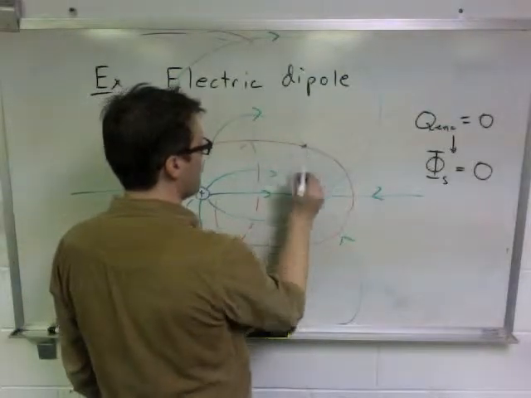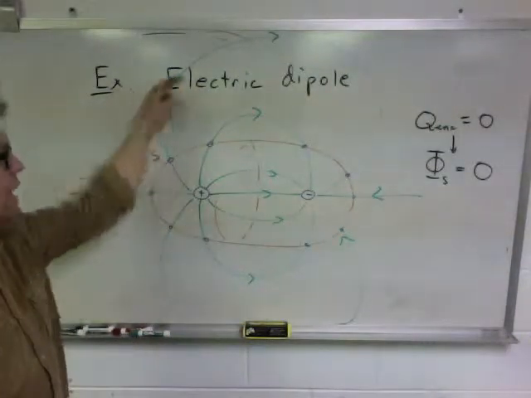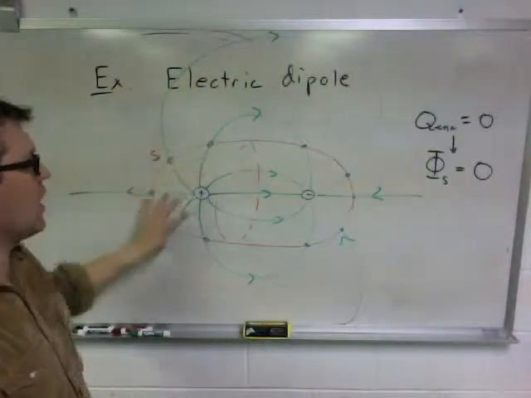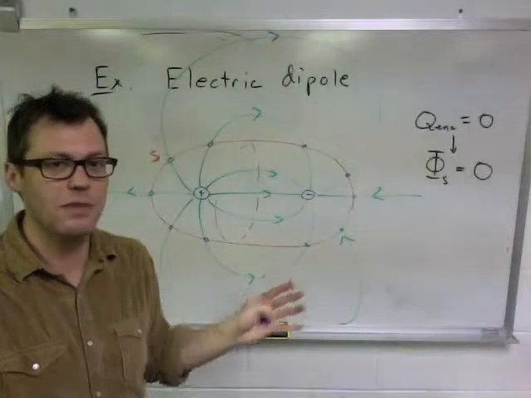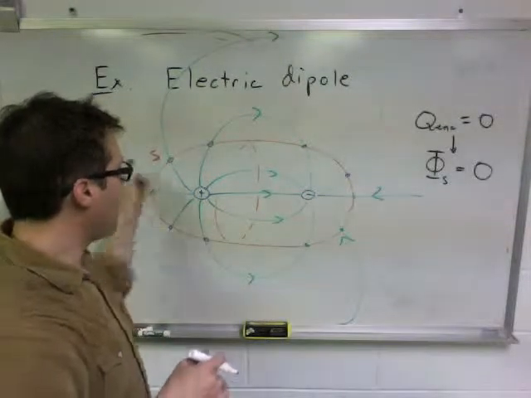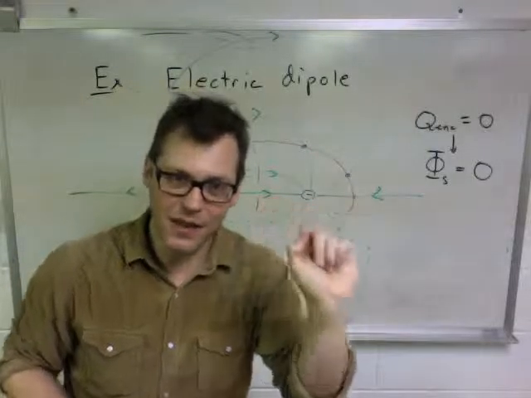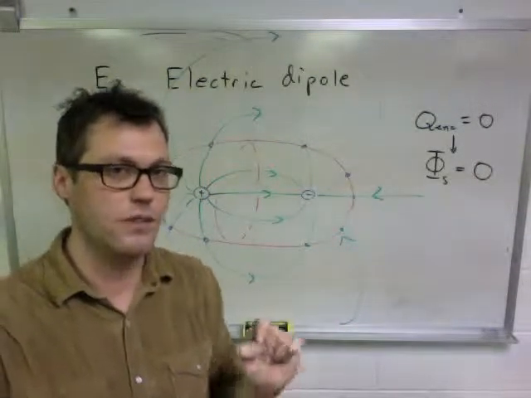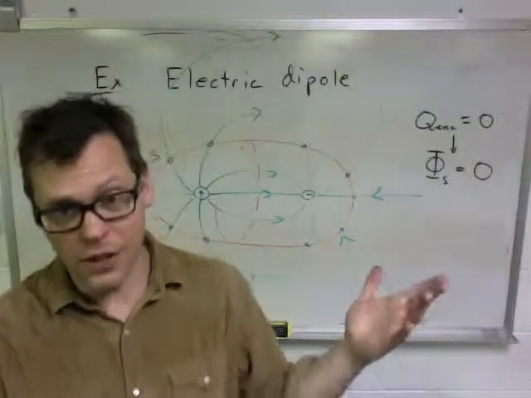But over at these spots, it pokes in. Every field line that pokes out of the bag also winds up poking in. So I have just as many positive contributions as I do negative contributions. Just as many field lines are leaving the bag as are entering, and it's because the net charge that I'm enclosing is 0. So there is a very important relationship between the charge enclosed by an imaginary closed surface and the electric flux through it.